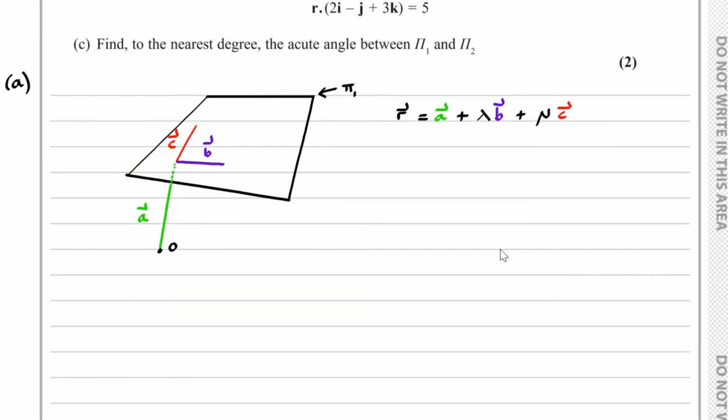So I think at this point it will be a good idea to write the vector in column notation.